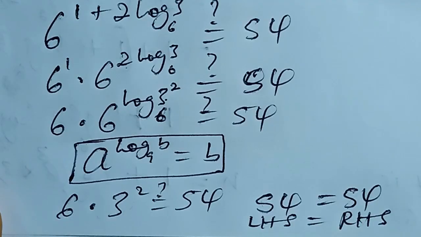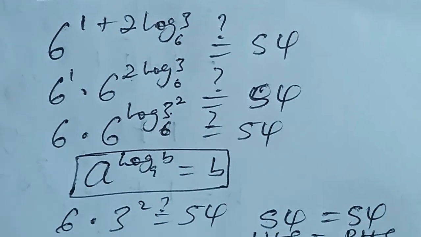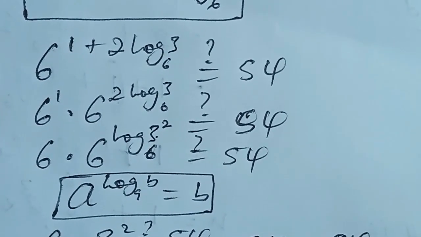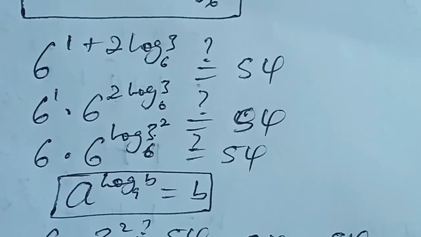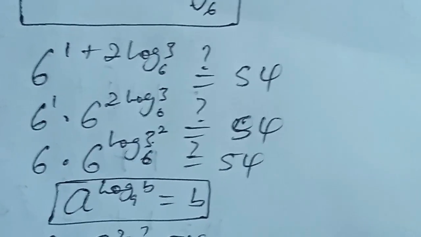Thanks for watching. I will leave you with a test to go on your own and verify it. Use the other value of n which we got earlier to verify this expression on your own, and comment below your experience and how you got the right hand side to be equal to the left hand side.